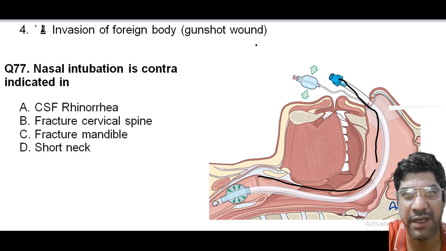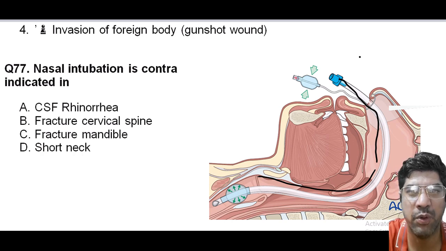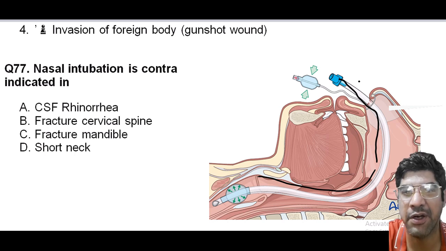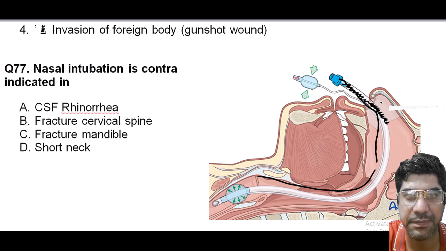In such a case, introducing a nasal tube will worsen the condition by further disrupting the integrity of the skull base, and there could be increased risk of infection and complication.